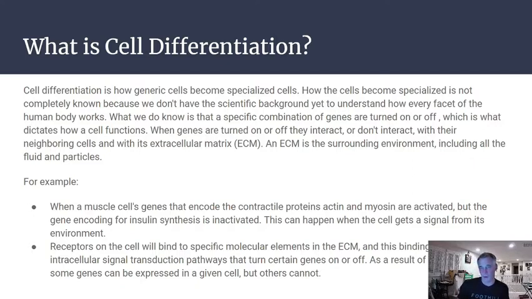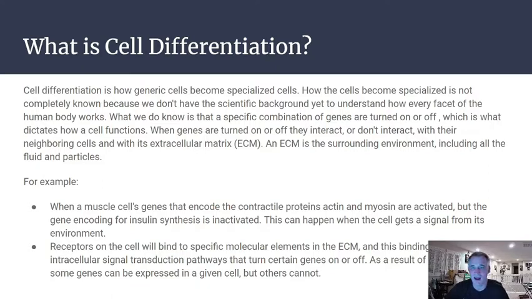We don't quite know what triggers a stem cell, for example, to become a nerve cell as opposed to a muscle cell. So we don't quite have the scientific background yet to understand how every facet of the human body works. What we do know is that specific combinations of genes are turned on or off, and it causes that cell to become very specialized, which is basically how it determines how it's going to function, right? What it's going to do.